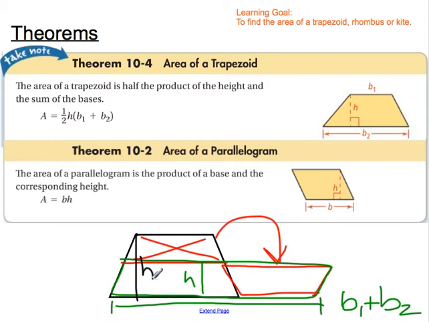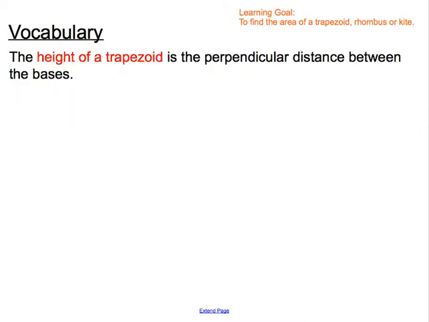We'll call that H2. So we've created a new parallelogram whose base is the sum of the two bases of the trapezoid, and the height is half of the original height. So hopefully it makes sense where the formula for area of a trapezoid comes from.